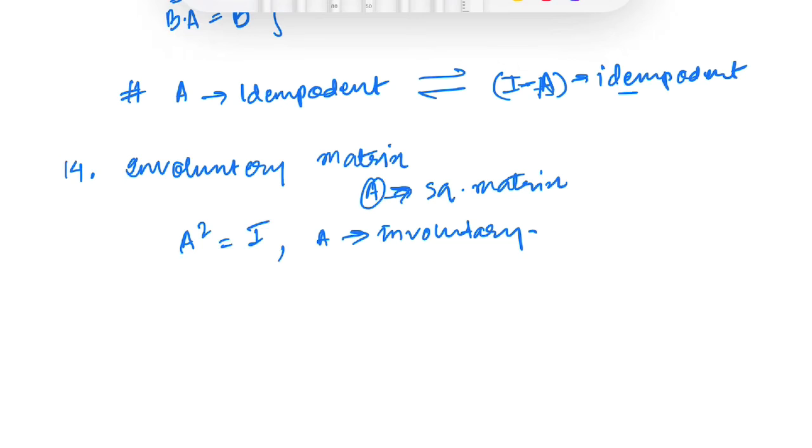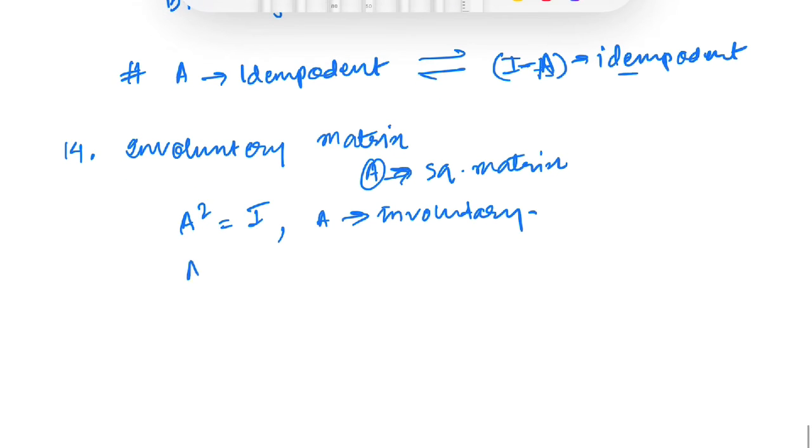Now, let's say I am multiplying it 3 times. It's A cube. So we are again going to get A. Then we will also call it involutory.